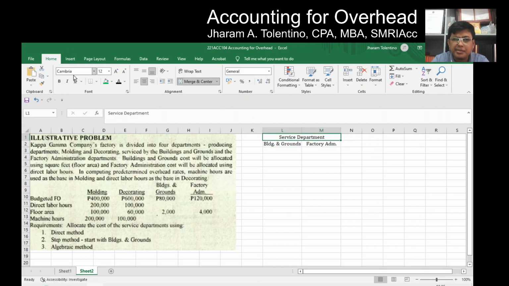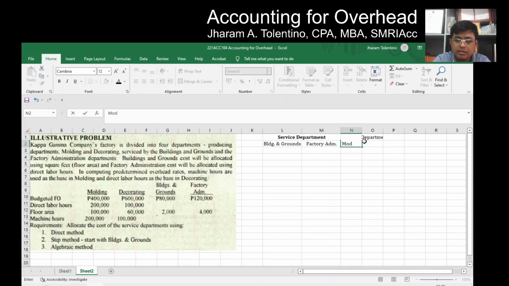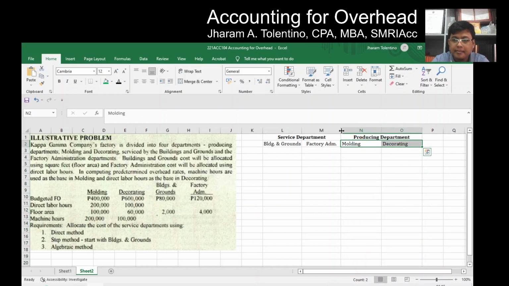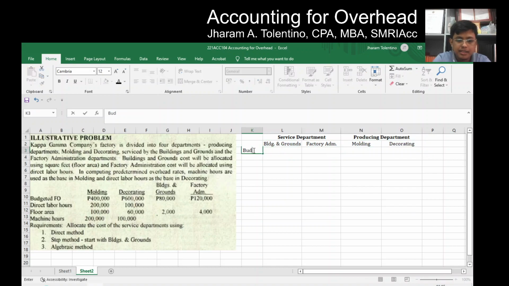Next, we have the producing department. Molding and decorating. Yan. So, ba't ganyan yung mas gusto ko? Kasi mas madali siya. Yan.